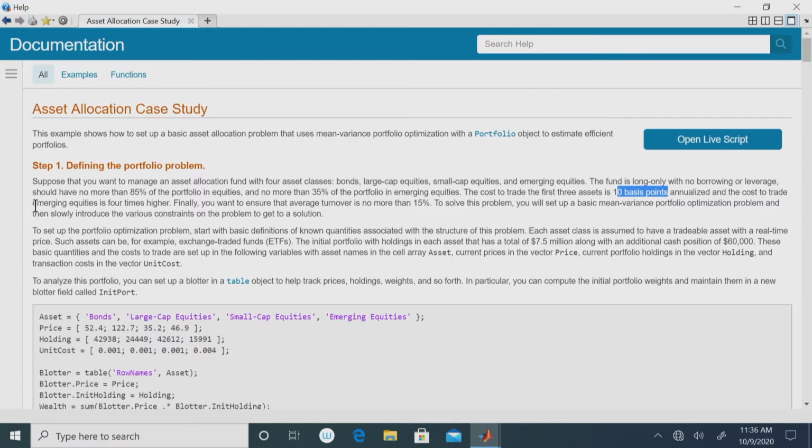Finally, the constraint is that you have to ensure that the average turnover is no more than 15%. That means that eventually you should not at any time be liquidating more than 15% of the assets. Now, in order to solve this problem, you essentially have to first set up the basic mean variance portfolio optimization problem, and then you slowly introduce the constraints.